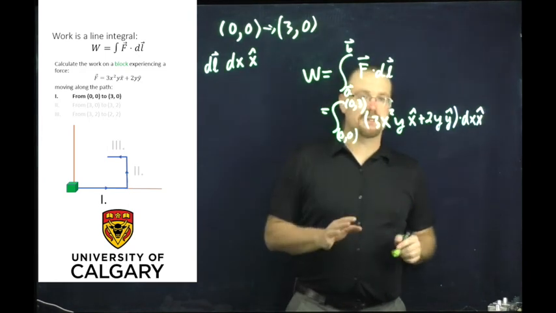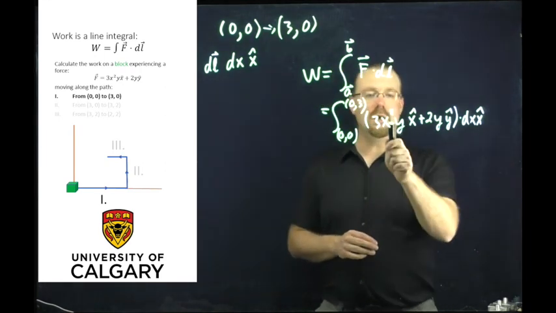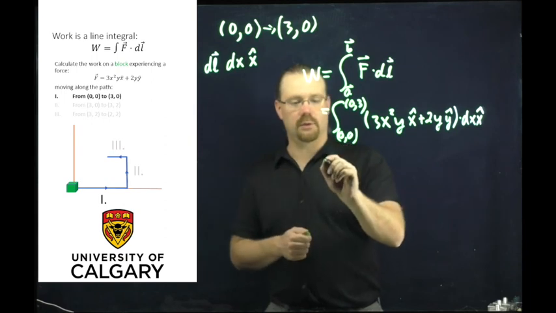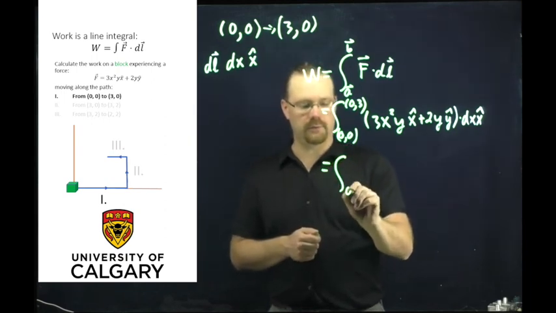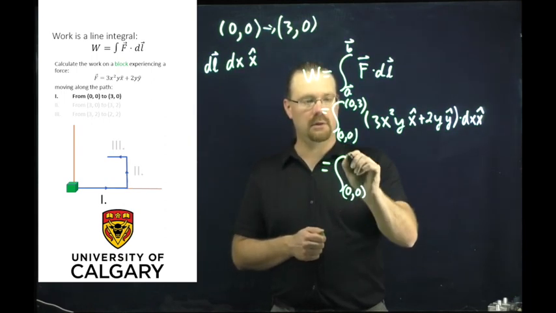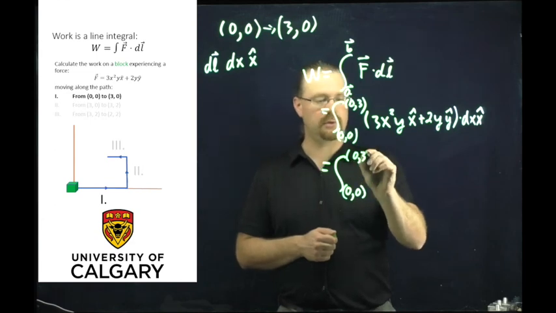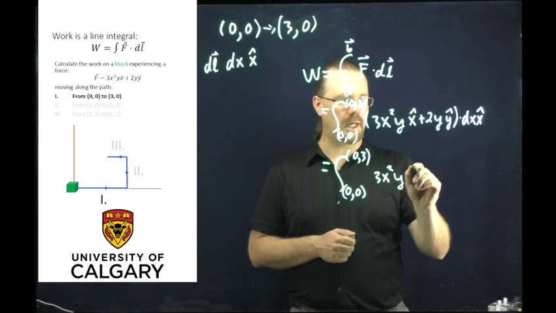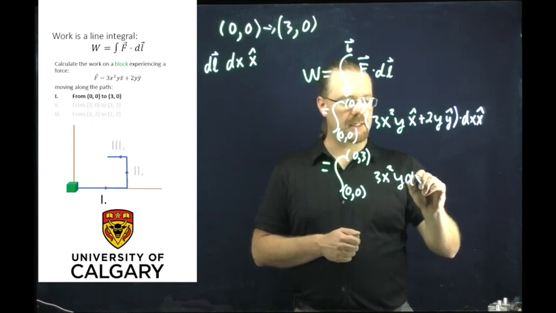Of course, because it's a dot product, the y hat term is going to go to 0. We're just left with the x hat dotted with the x hat. That gives us 1. So we're left with the integral from 0, 0 up to 0, 3 of 3x squared y dx.